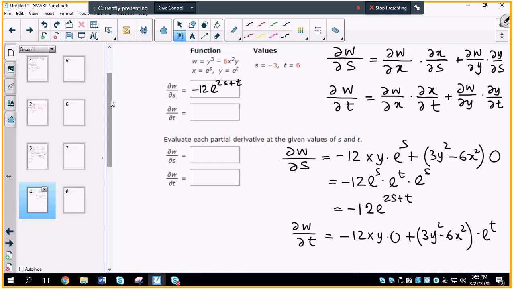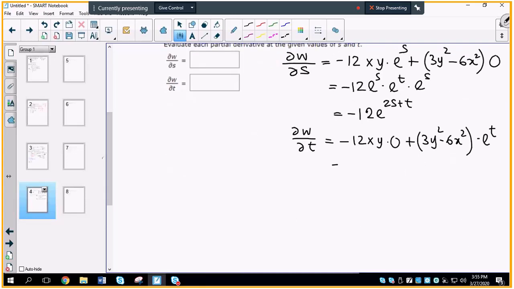And then finally we are going to interpret x and y in terms of their definition. So this is minus 12 e to the power s times e to the power t times 0. I didn't actually have to do this thing because multiplying 0 will eventually make this term 0, plus 3y squared. So I will say 3.